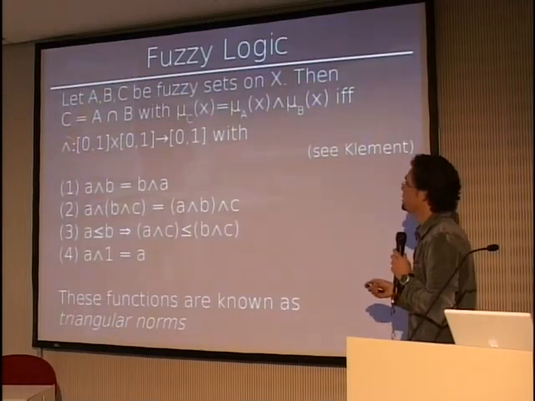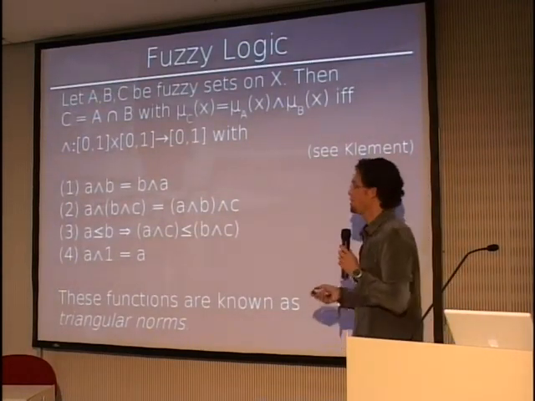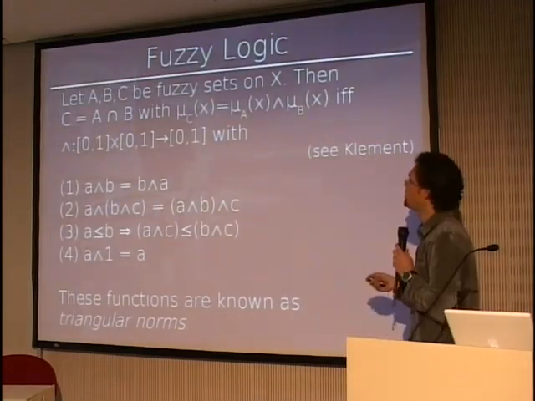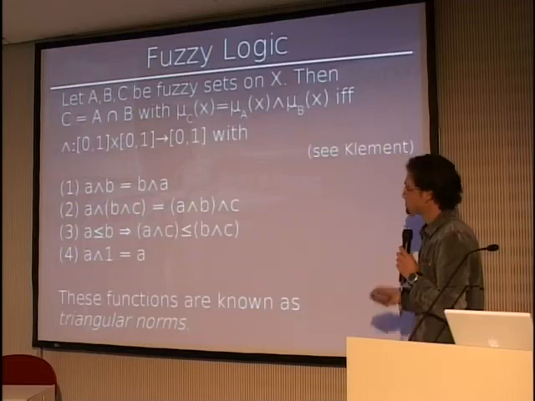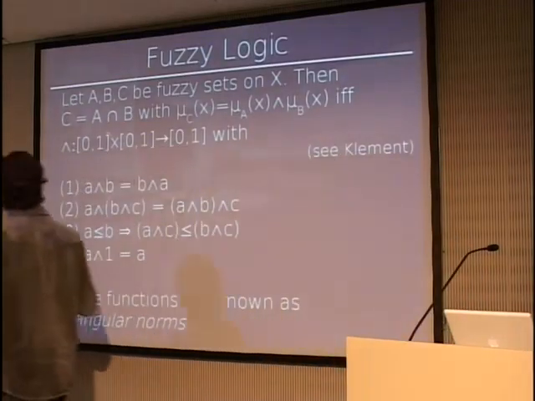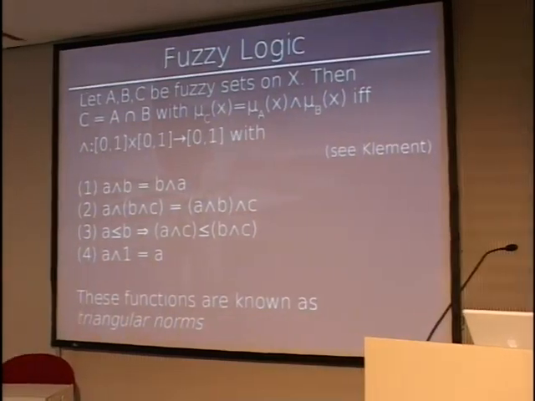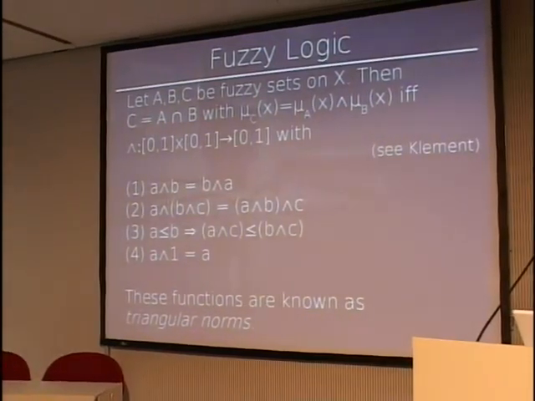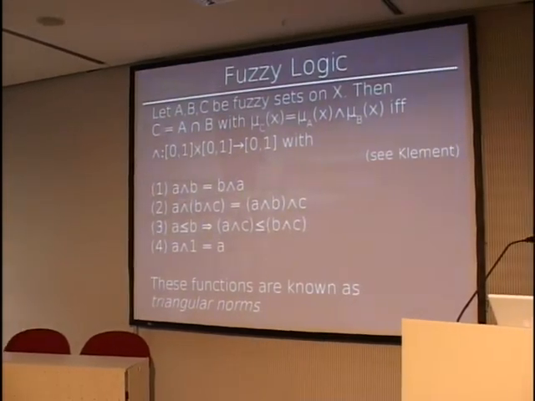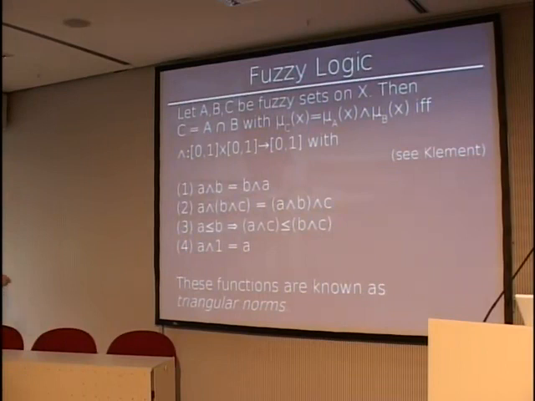So in fuzzy logic, we need a conjunction operator that actually was involved in our SQL statements. And the way a conjunction is defined in fuzzy logic is to say that any operation on the unit interval can be a fuzzy conjunction, as long as it's commutative, associative, just like a normal conjunction, as long as it's non-decreasing and has one as a neutral element.